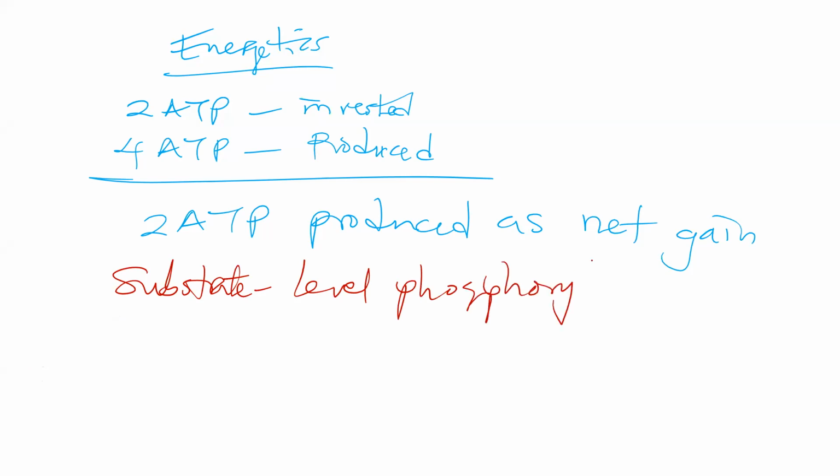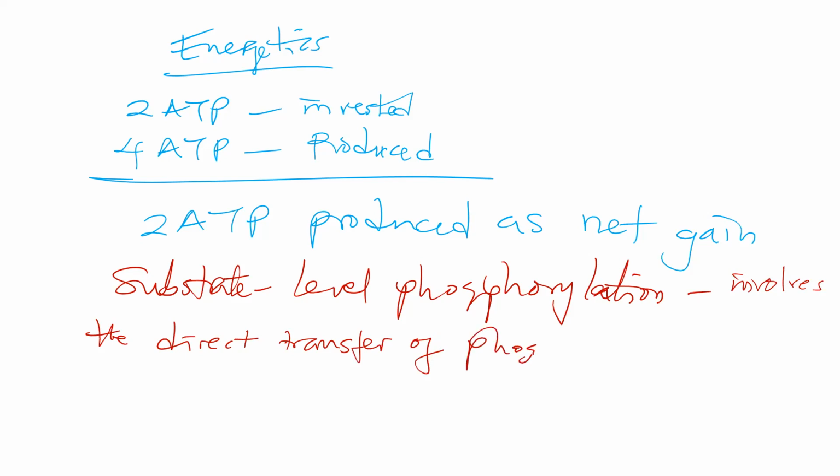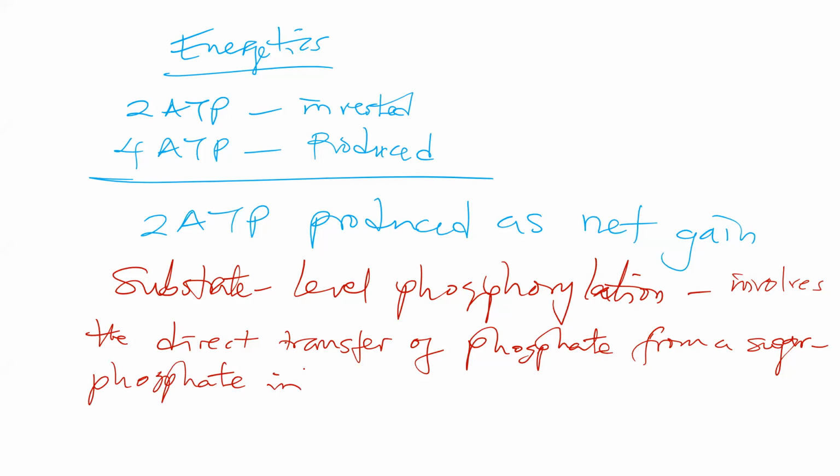Substrate level phosphorylation is the production of ATP, or we can say that this involves transfer of a phosphate from a sugar phosphate intermediate to ADP to form ATP.